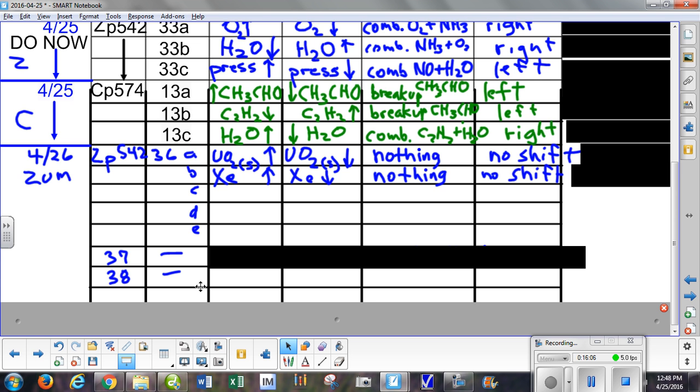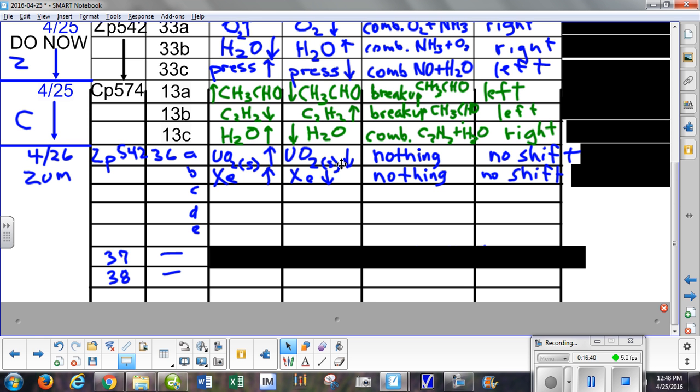You see that? The temperature line shows you that for endothermic, the heat is on the left with the reactants. So we use heat as a reactant for this particular problem. What would be the effect on the position of the equilibrium if the reaction were performed at a lower temperature?